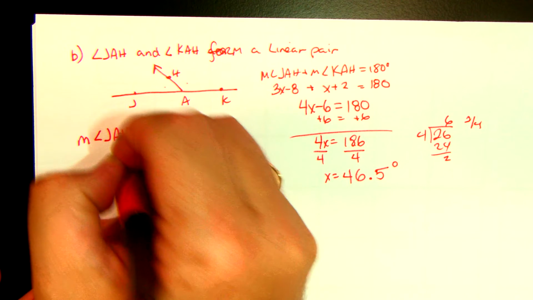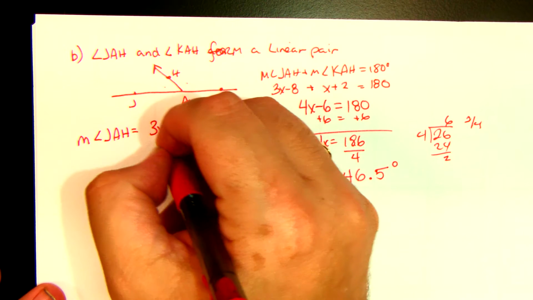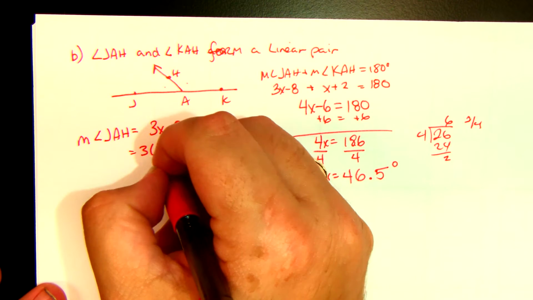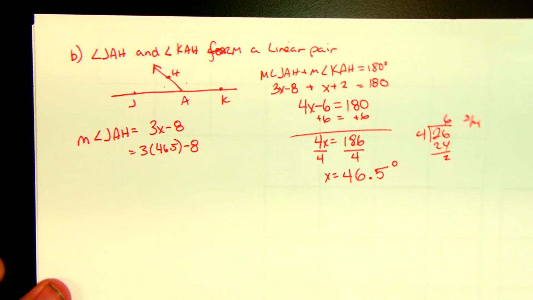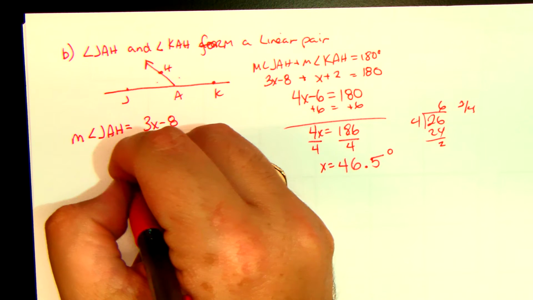All right, so the measure of angle JAH is 3x minus 8. Now we're going to plug in the 46.5 minus 8. Now, I'm not going to try and do this. I'm going to use this really lame scientific calculator. So 3 times 46.5 equals that minus 8. That's 131.5 degrees.